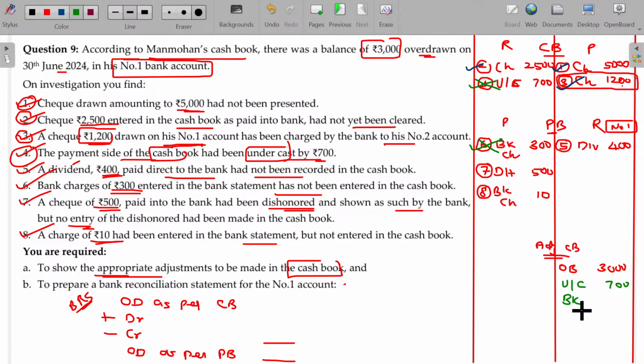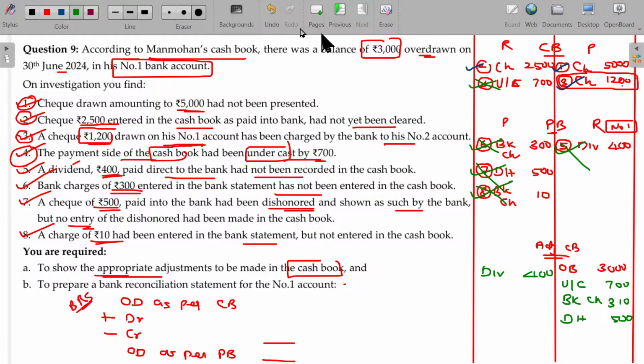Bank charges 300 plus 10, 310. And dishonor will also be posted here in payment side, 500. Dividend receipts should be in the receipt side. After verification of passbook, I have just posted that one also here, 400 rupees.